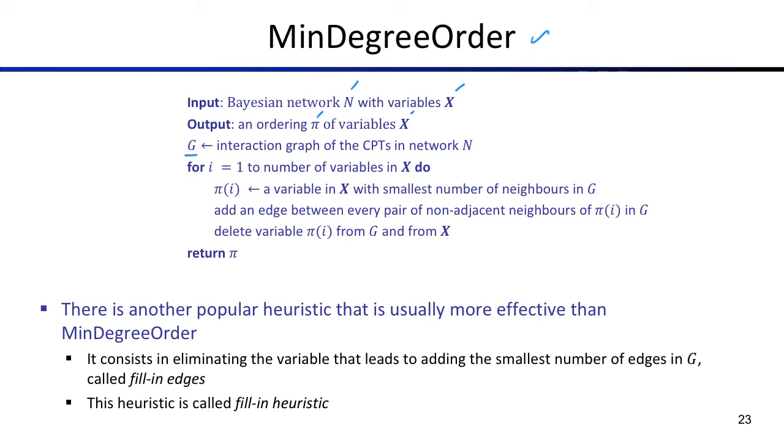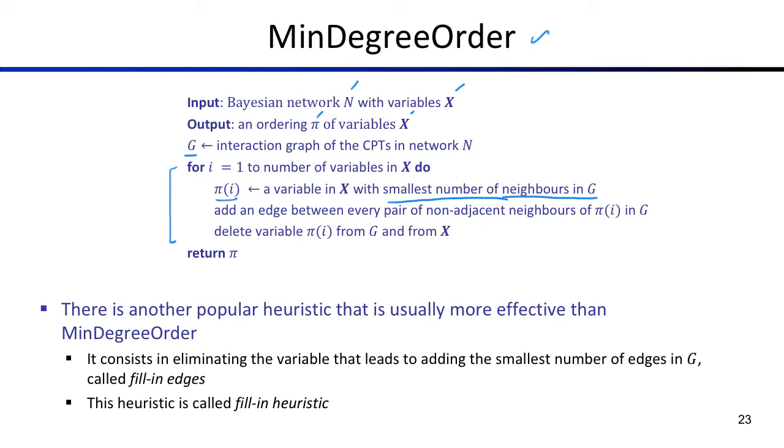We're going to call this graph G. This is basically the moral graph that we obtained from the network. And I'm going to iterate over all the variables in X. So for each step of this for loop, I will select as the variable to be eliminated the variable that has the smallest number of neighbors in the interaction graph G. And that's going to be my pi i variable. So it's going to be the first variable to be eliminated, and I need to update the interaction graph.